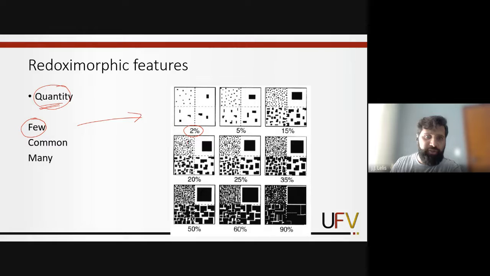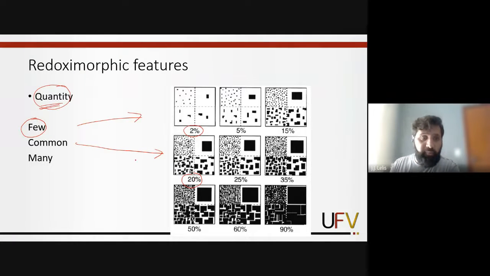If I have between 2 and 20% of material inside my soil horizon, so 2 or 5 or 10 or 18 or 20%, we have common redoximorphic features.